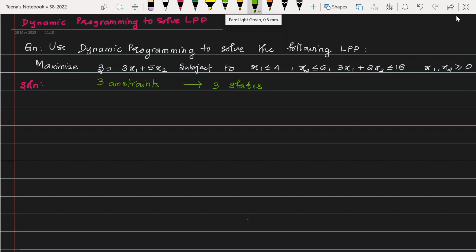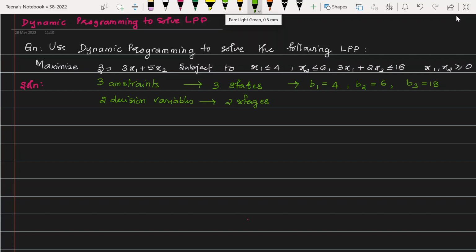So with respect to this LPP that we are considering, there are three constraints, and these three constraints refer to the three states, and in order to refer to the three states, we make use of B1 equal to 4, B2 the second state denoted by 6, and B3 represents the third state denoted by 18. Now we can see that there are two decision variables, and these decision variables denote the two stages. So we have two stages and three states for this dynamic programming problem.